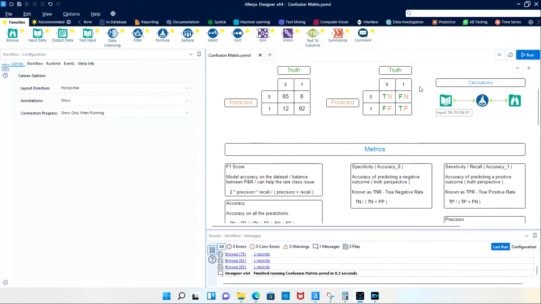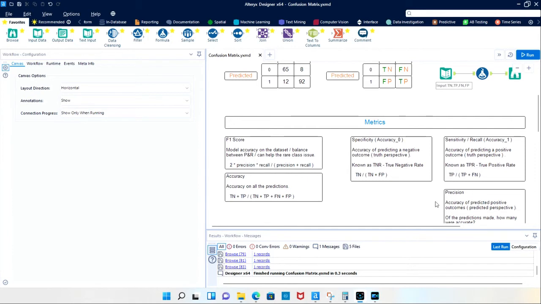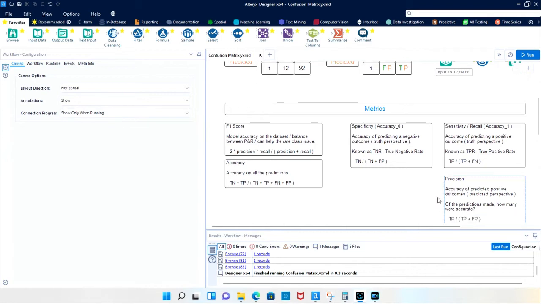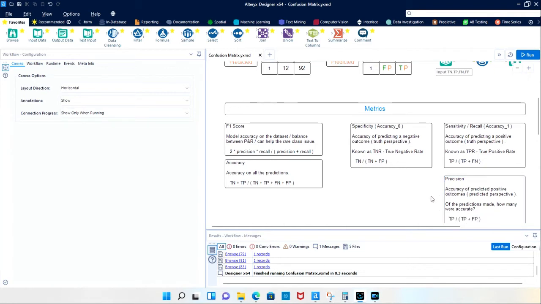And I added that because the next metric is precision, which is the accuracy of predicted positive outcomes. And this is a predicted perspective. So if we look at the formula, we see it as true positive divided by true positive plus false positive.